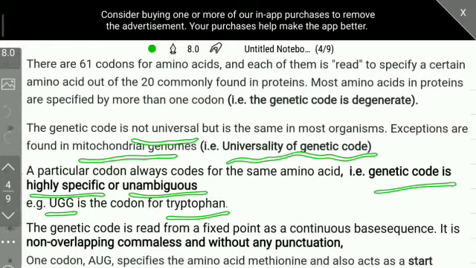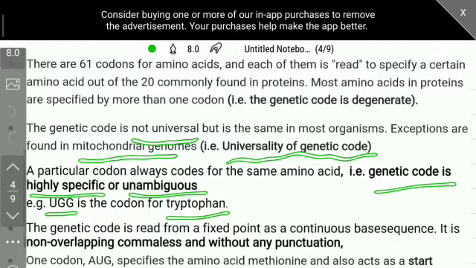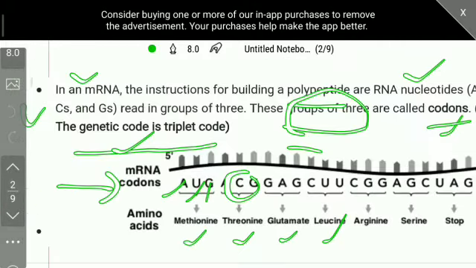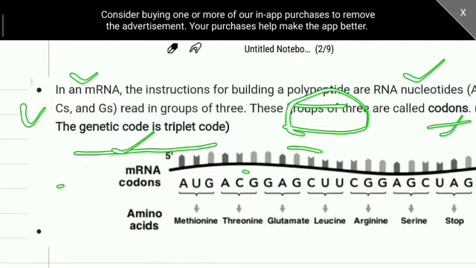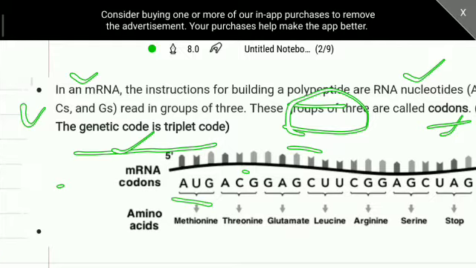Another important thing: the genetic code is read from a fixed point as a continuous base sequence. For example, this is mRNA, and you can see it is continuous. AUG is there, ACG is there, GAG. We identified that a 3-letter codon specifies an amino acid, but there are no commas and no full stops.